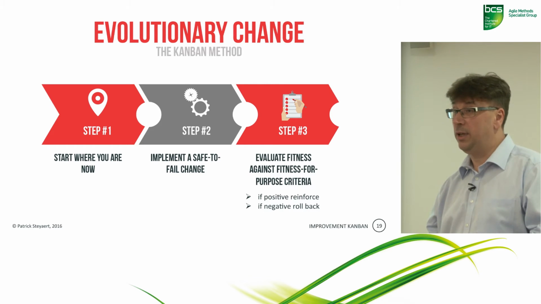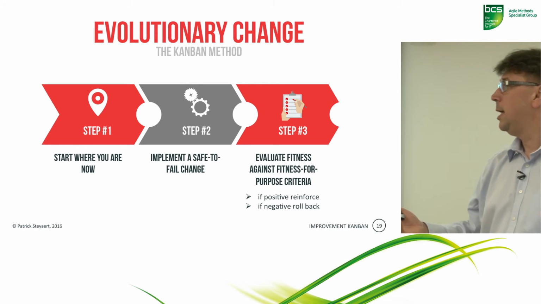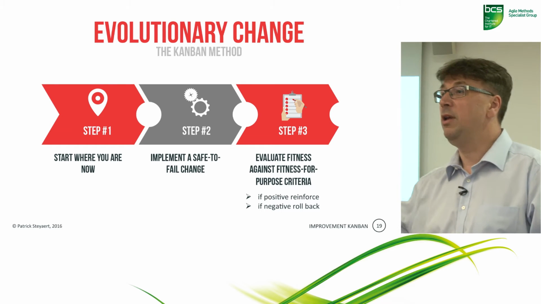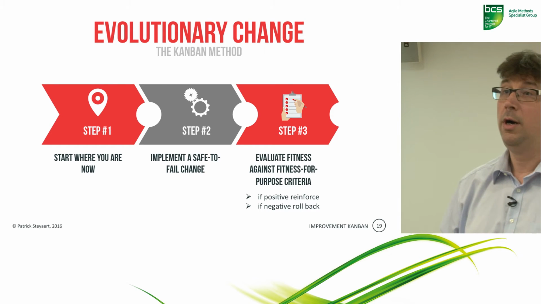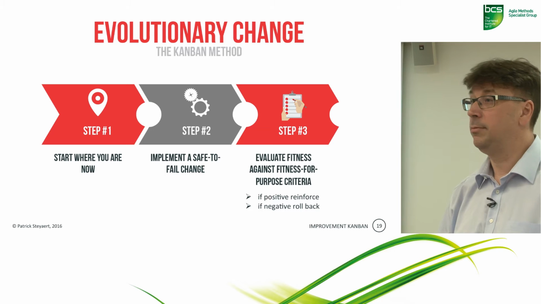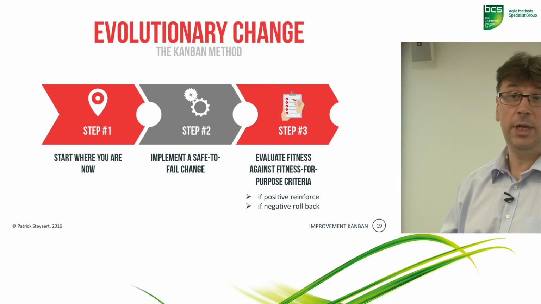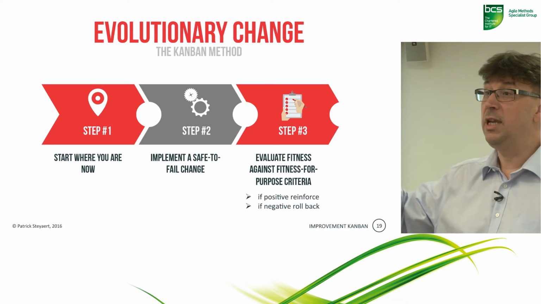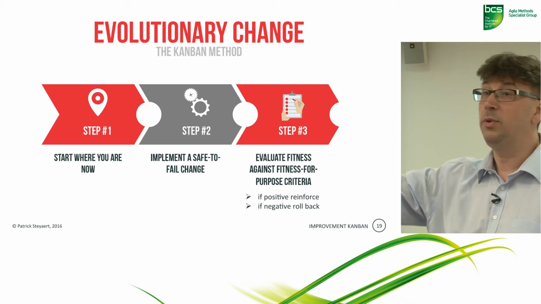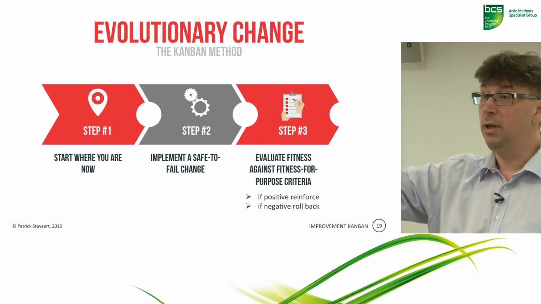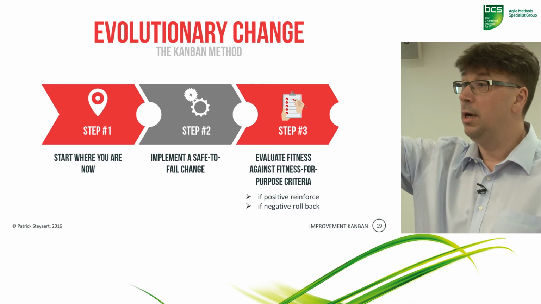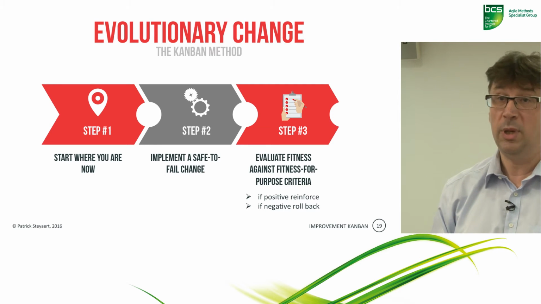We define a safe-to-fail experiment, and we execute that experiment, and we evaluate it with respect to our fitness criteria. So what we're actually doing here is navigating, tracking the landscape, hill climbing, trying to climb up to a peak in the landscape.